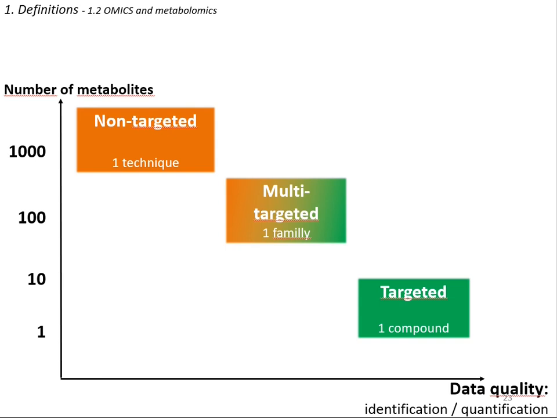And then you have non-targeted analysis, and this is what most people think about when they think about metabolomics. You use one technique that has some advantages and some limitations for different types of compounds. And so you will cover hundreds of signals, hundreds maybe of compounds, but the quality of information will be much lower because you don't have pure standards to confirm the identity, and you will have many quantification biases that will need to be addressed.